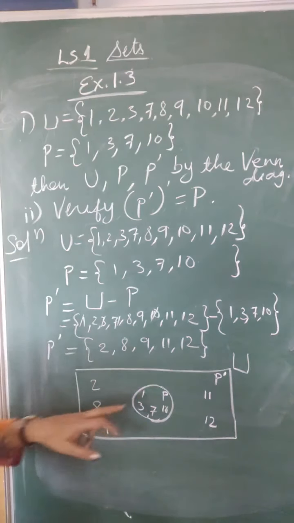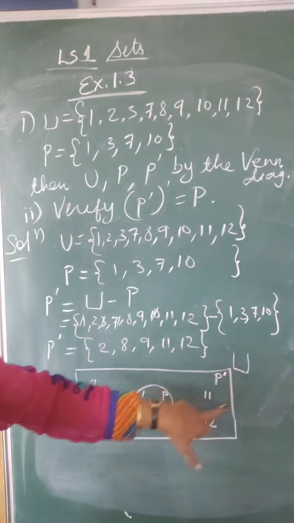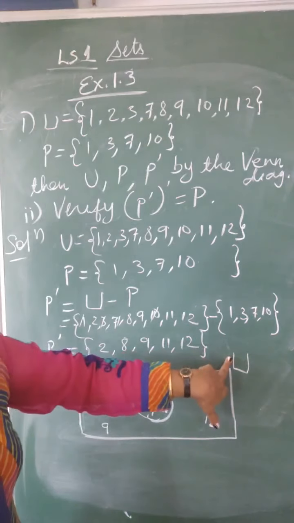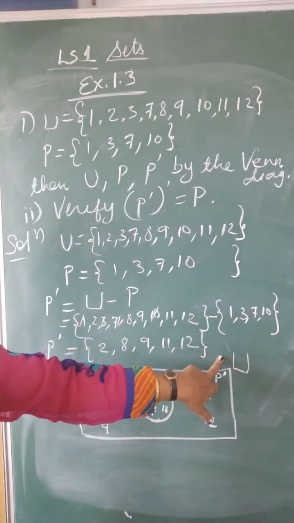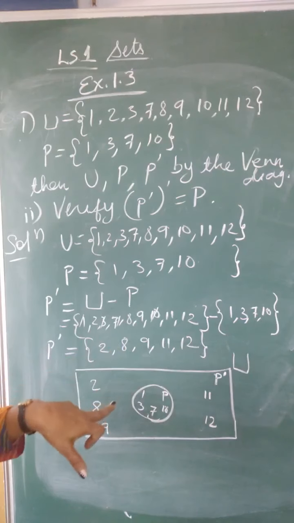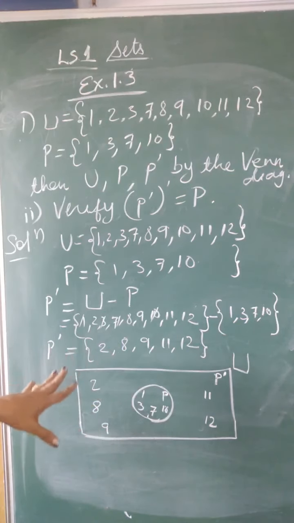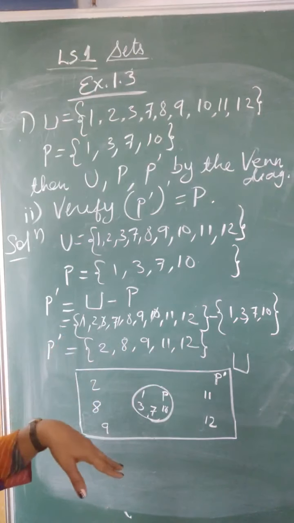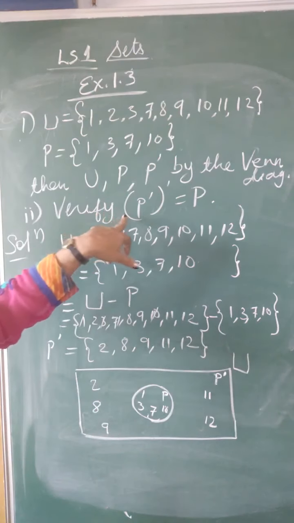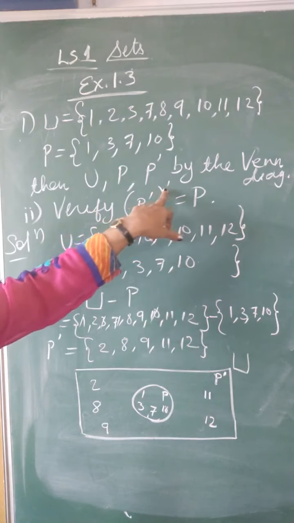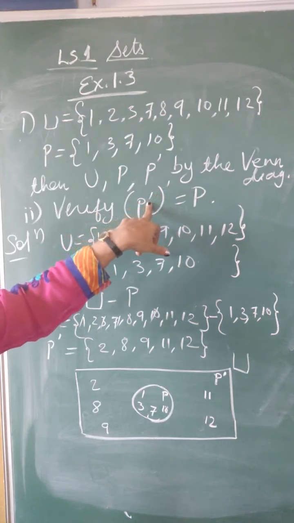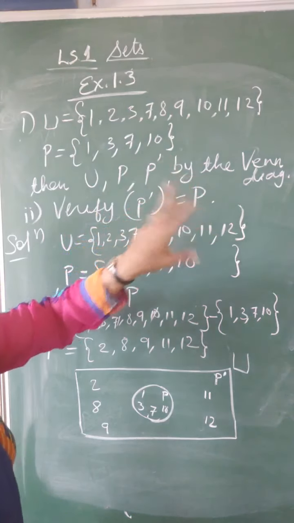So what you can see, P as well as P dash are both subsets of U, and U is which set? Universal set. This is how to show U, P and P dash by the Venn diagram. The second property is, you have to verify the complement of P dash is equal to P. It's very easy.